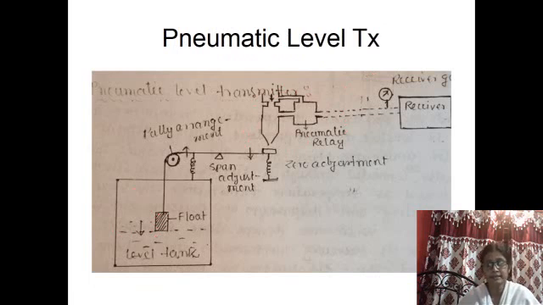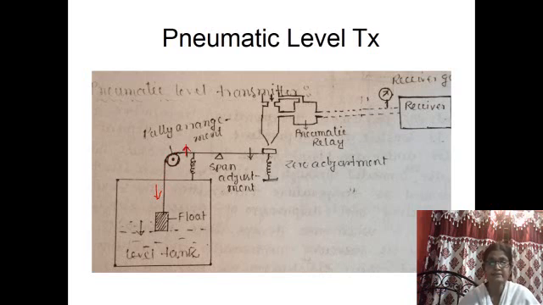Say in a tank there is a float. If the level changes, say if the level goes downward, then what will happen? The weight of the float will increase, so this will move downward. With respect to the pulley, since this is pivoted at this point, just consider this string supported at this point, so as this moves downward, this edge will try to move upward.